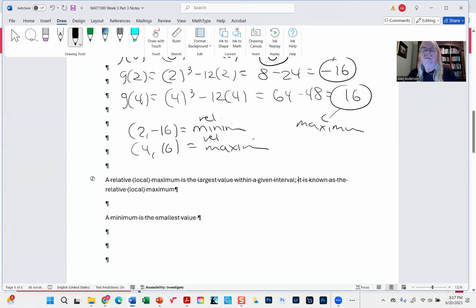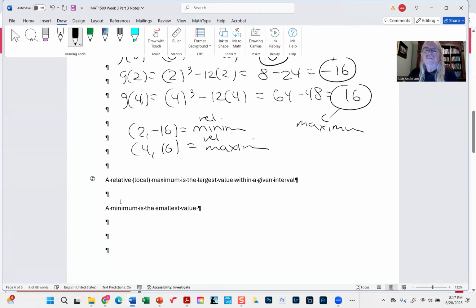And a relative or local minimum, you can probably guess, is the smallest value.